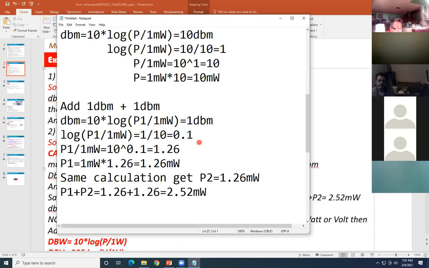Okay. Now, after you convert to watt or milliwatt, you add them. Now you have to convert back to dBm.